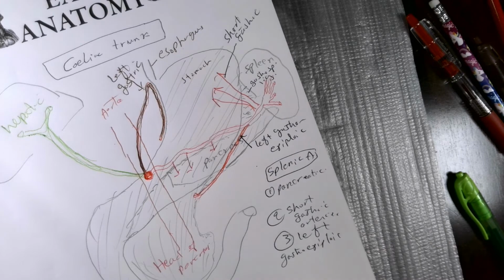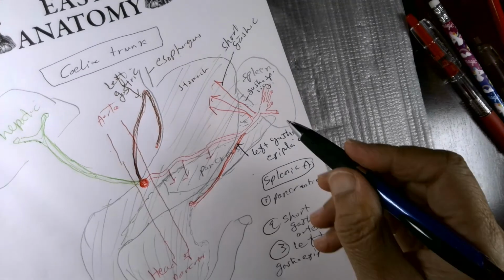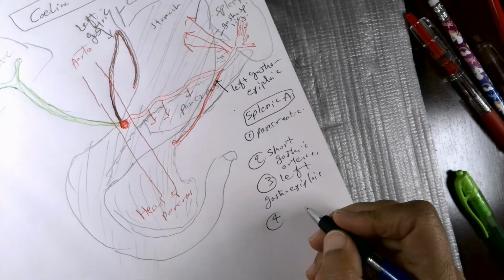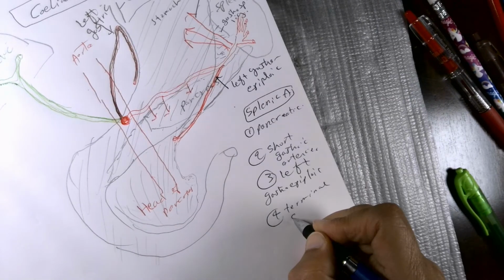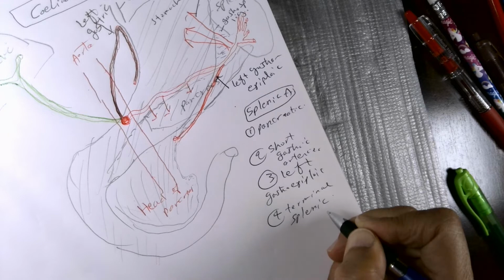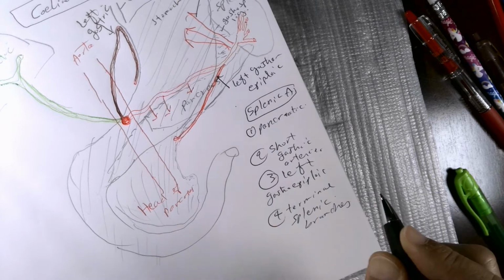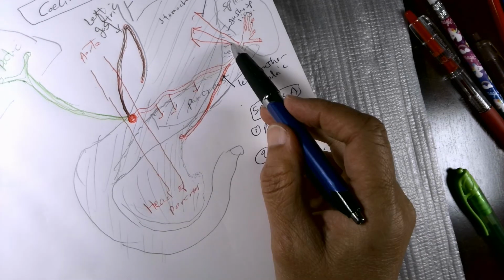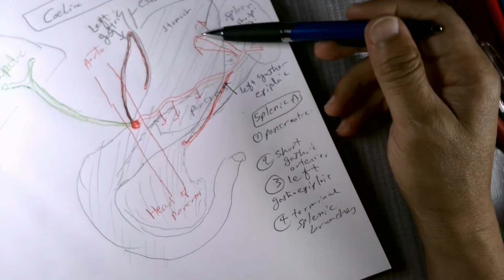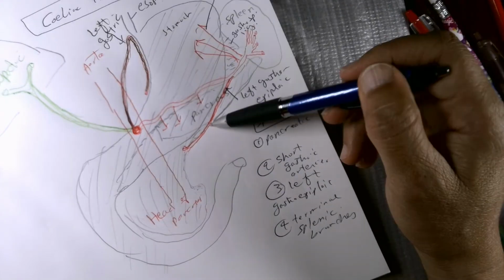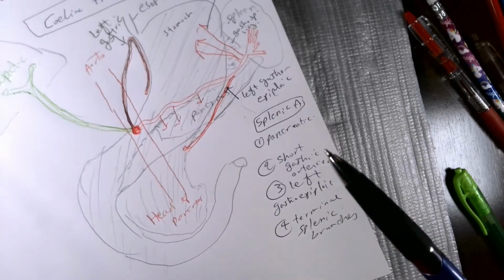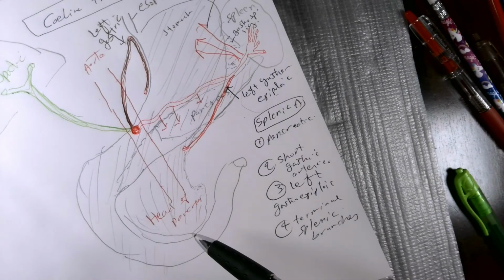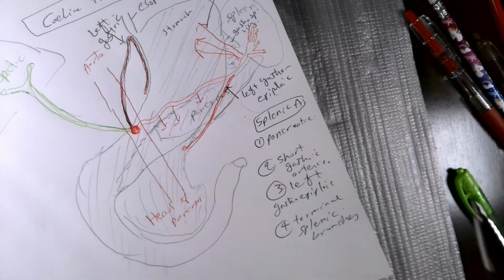Fourth, the terminal splenic branches. Those are branches of the splenic artery. So the splenic artery gives short gastric, splenic, left gastroepiploic, and pancreatic. Those are the four groups of branches.